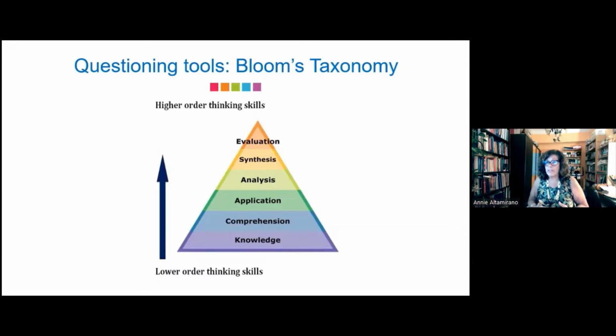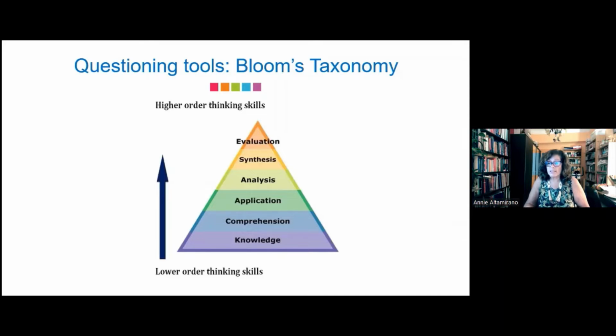One way of creating good higher order thinking questions is using Bloom's taxonomy. This taxonomy has 6 levels, and each level involves more challenging thinking than the last. So it describes how mastery develops as learners become more competent and more confident.